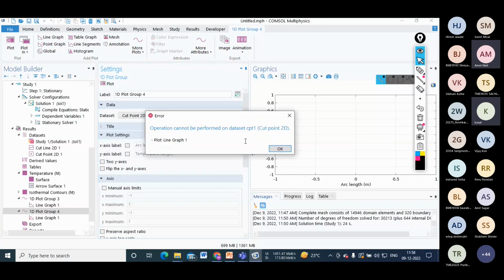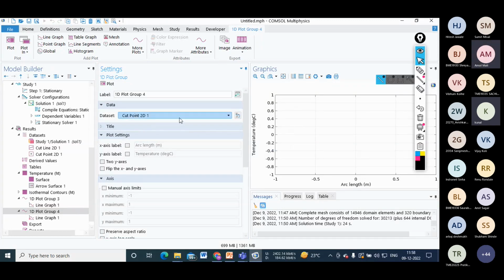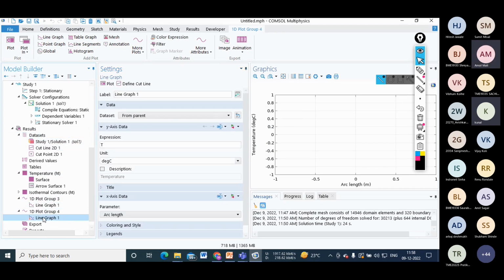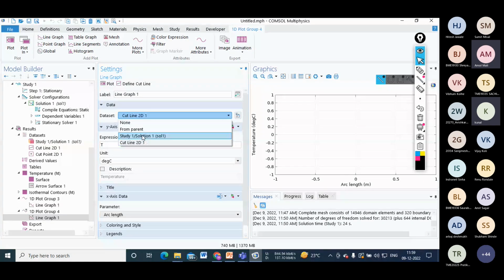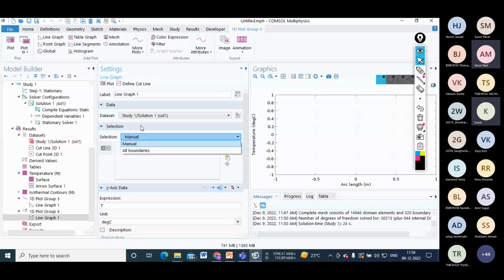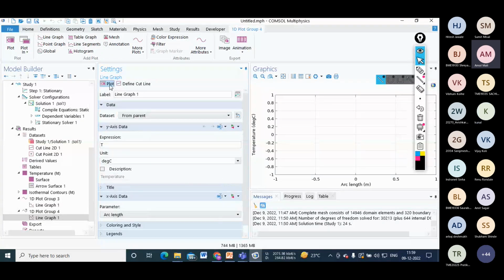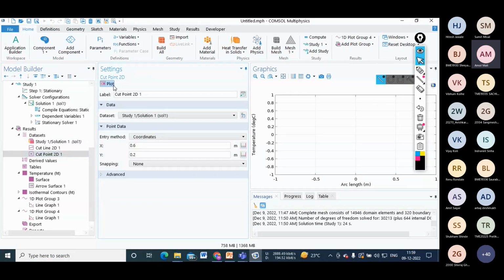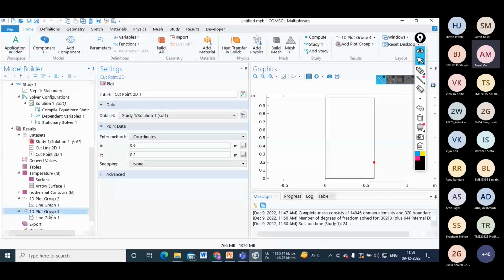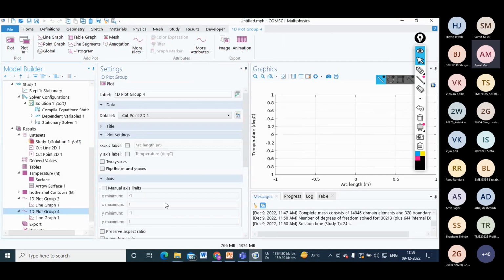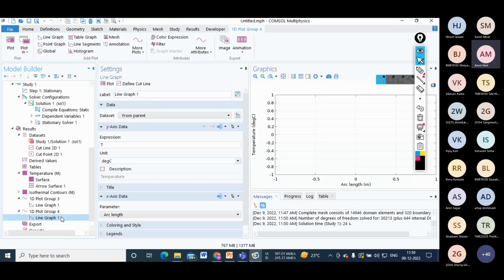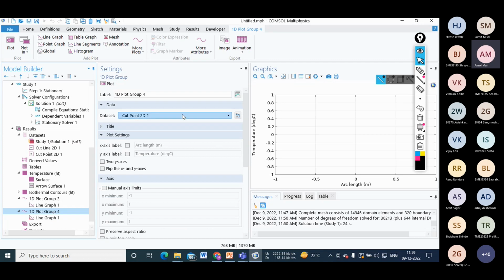Okay, so here, wait, what happened, cut point 2D.